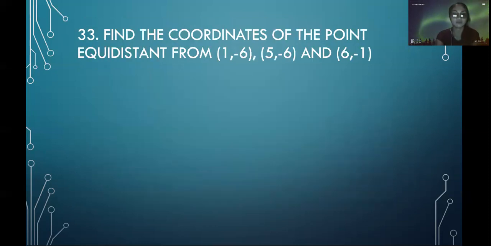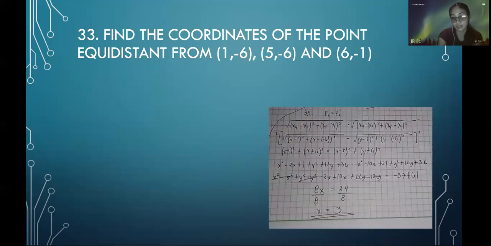Number 33. Find the coordinates of the point equidistant from (1, -6), (5, -6), and (6, -1).